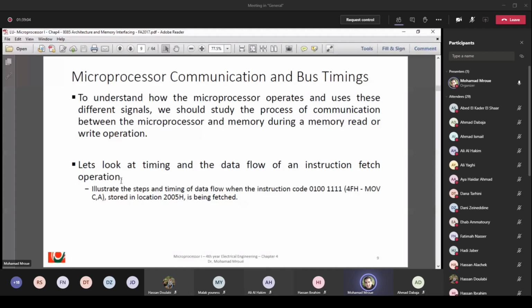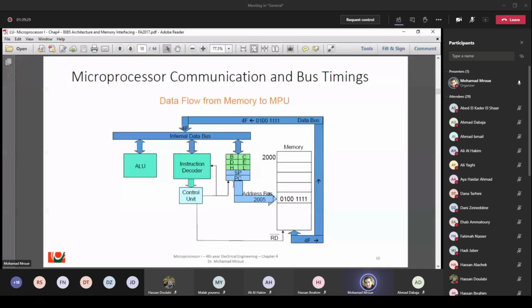Okay, so here we present the data flow from memory to the microprocessor unit. To fetch this instruction, first the program counter, whose content represents the address of the next instruction to be executed by the microprocessor. The microprocessor will send the content of the program counter on the address bus to the memory.